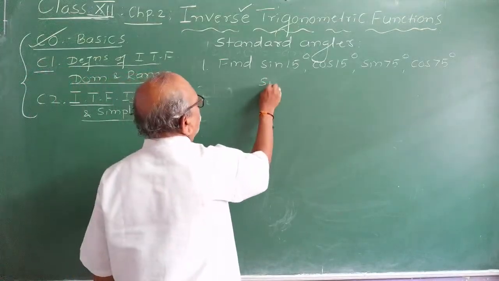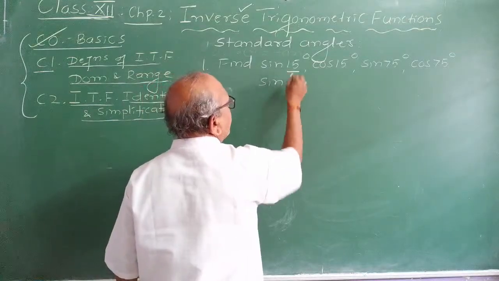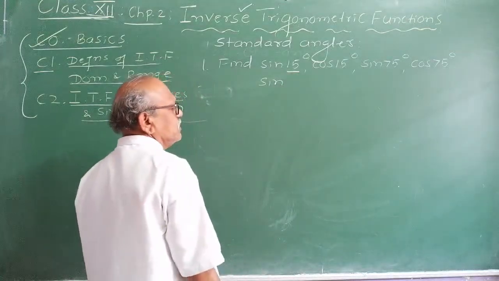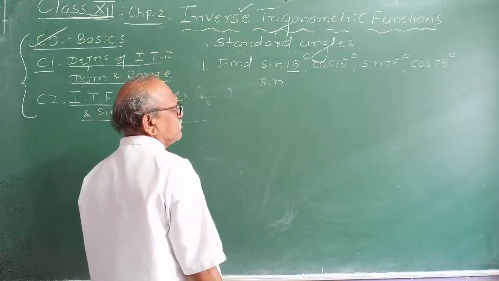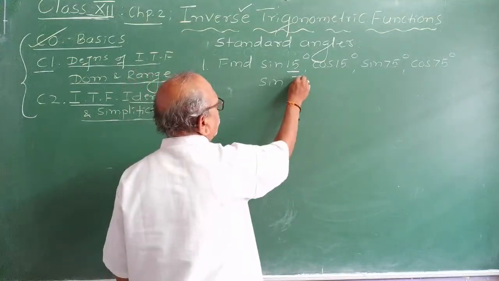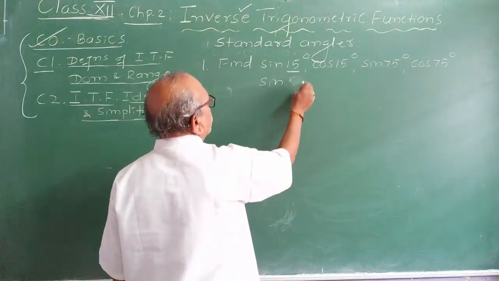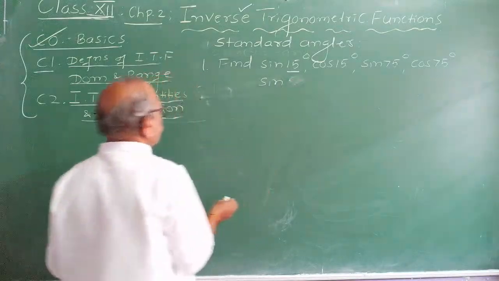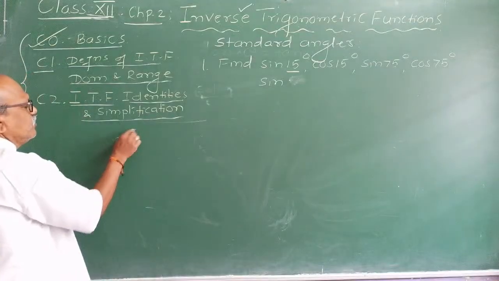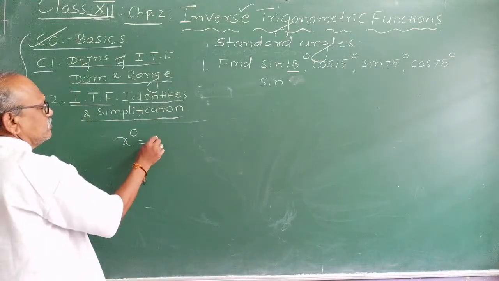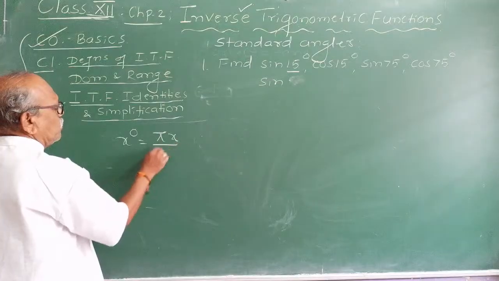Or even you may remember what is 15 degree in radian measure. What is the conversion formula? X degree is equal to pi x upon 180 radian.